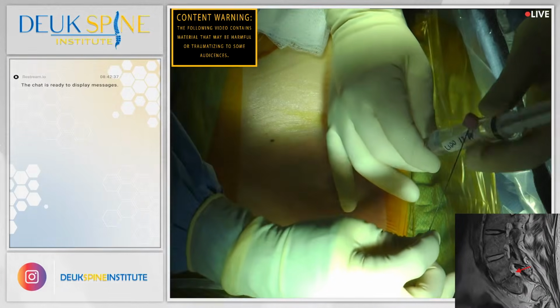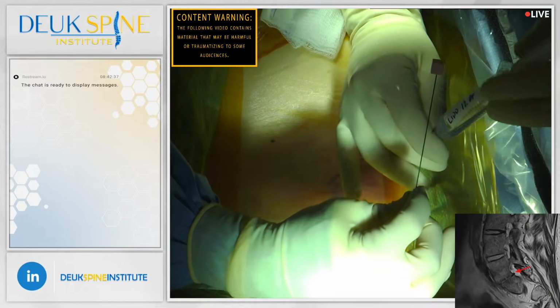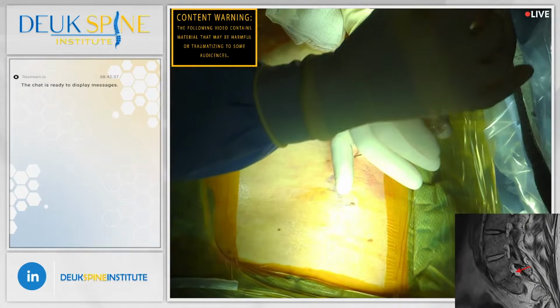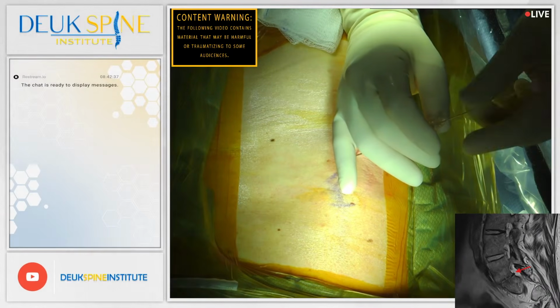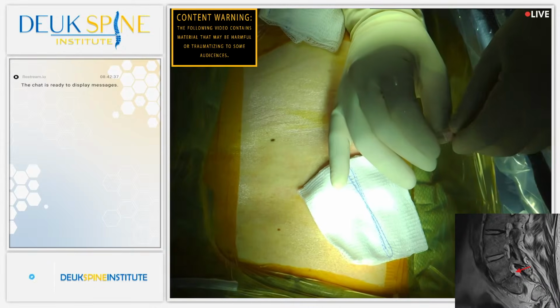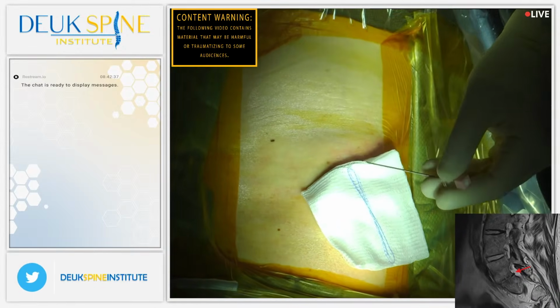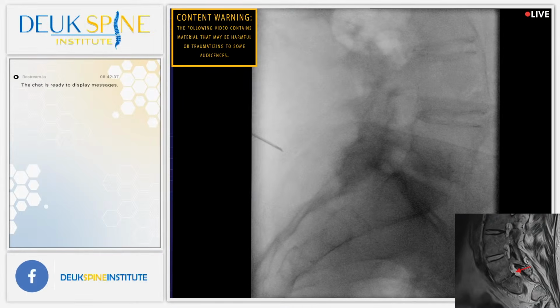Evocative means we want to see if it's painful, therefore we need the patient's cooperation. Chromodiscogram is just coloring the disc with either radio opaque dye or another type of dye. We use both our Deuk spine dye and a radio opaque dye. Shot. All right, so if you have questions, feel free to ask.